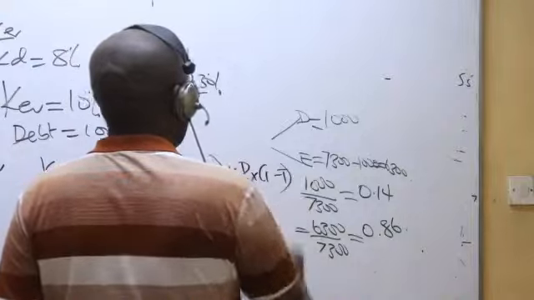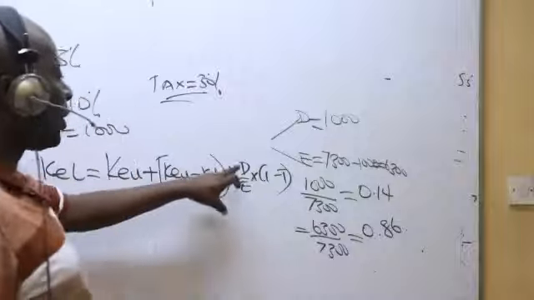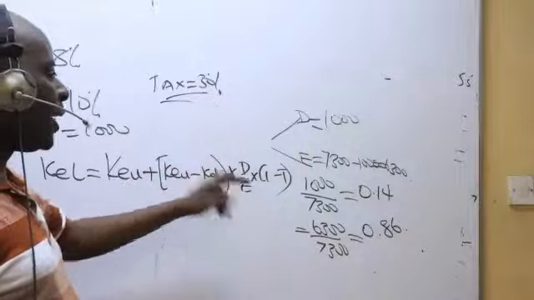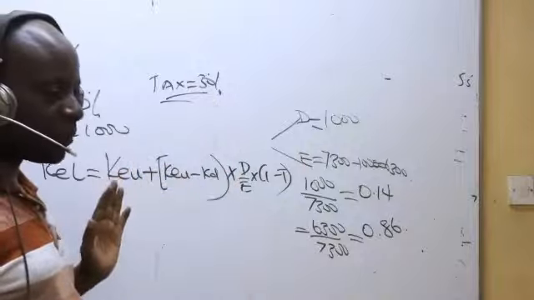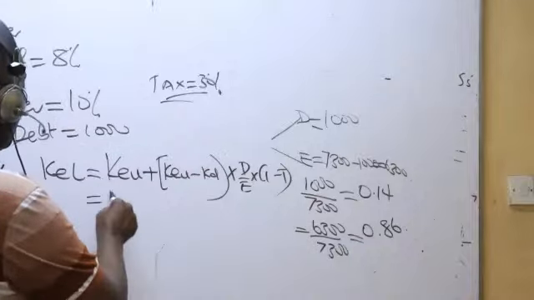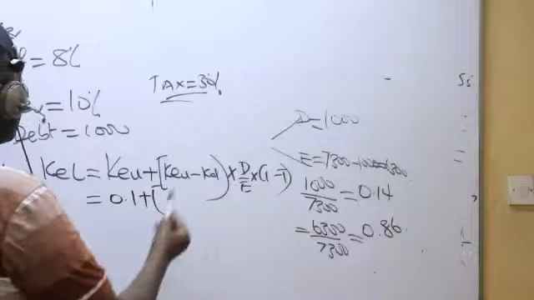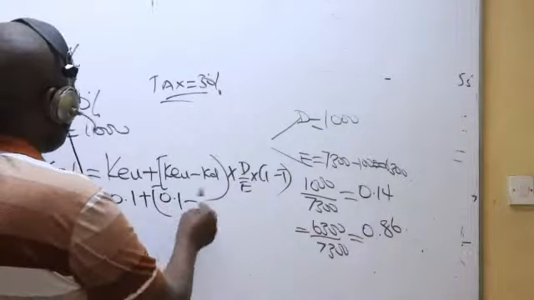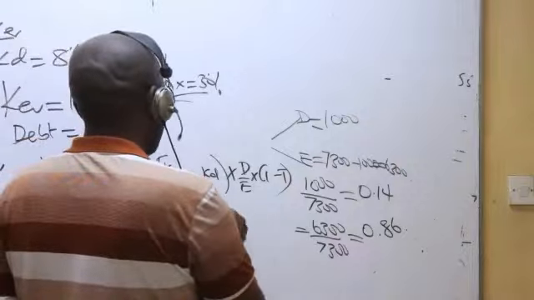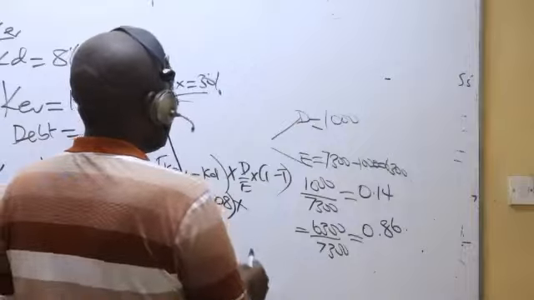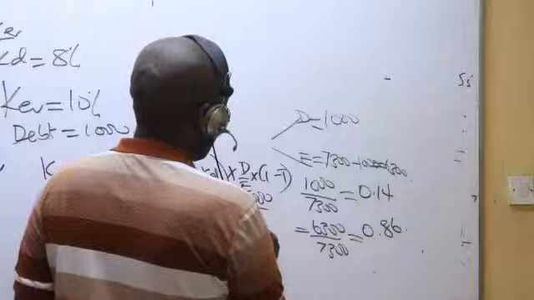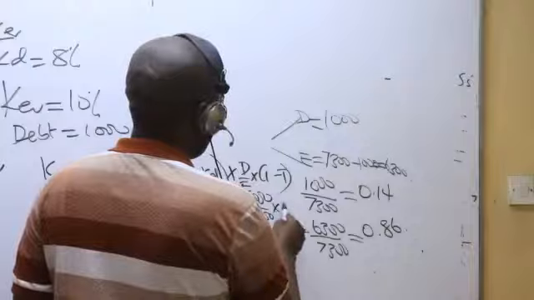And by the way, in your exam, at times the examiner may not give you the values here. If you're not given values, it's okay to use WD and WE. It's okay to work with weights. You'll get the same answers. So KU in this question is 0.1, plus KU 0.1 minus KD, KD is given as 0.08, times debt, 1,000, all over equity, 6,300, times 0.7.